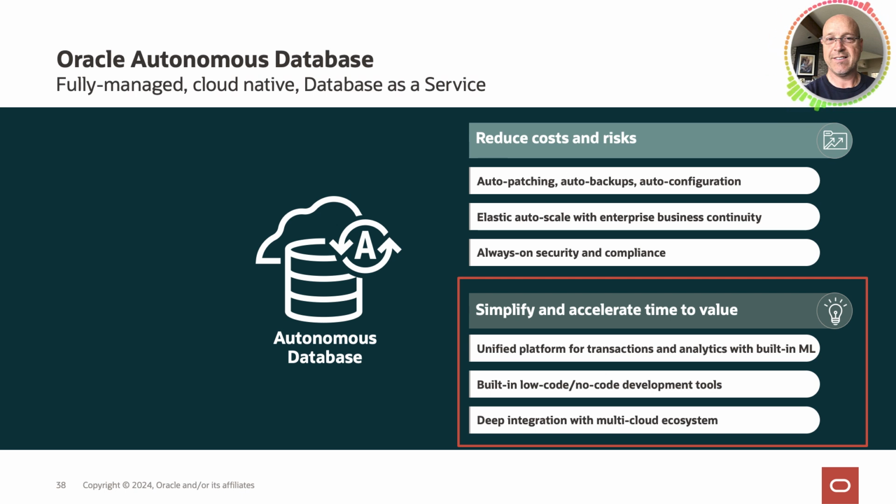But I did want to say, okay, but it's a data platform, right? And so there are other aspects to this database service, which is going to simplify and accelerate your time to value in the things that you're doing with your data. It's a unified platform for analytics with all this built-in machine learning.